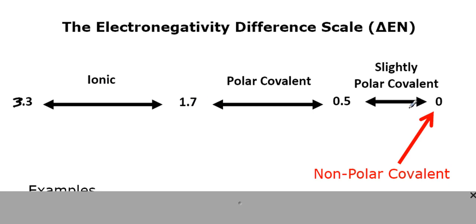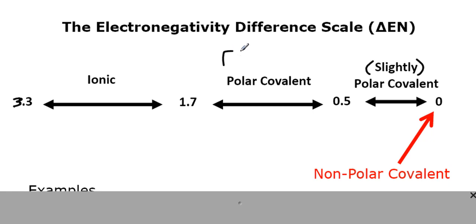Anything less than 1.7, when you have 2 or more nonmetals, you've got your covalent bonds. If it falls between 1.7 and 0.5, we call it a polar covalent bond. If it's less than 0.5, we say it's slightly polar covalent, but very weak. And down here where you have 0 or no electronegativity difference, that's where your nonpolar covalent bond comes in.